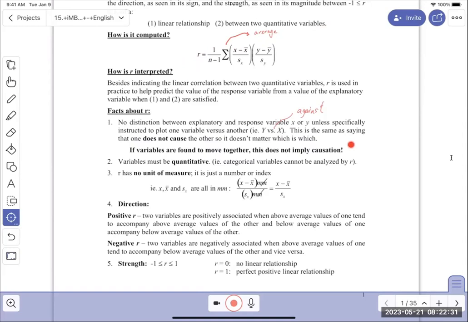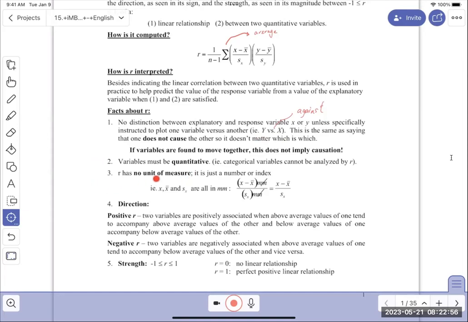The first point is X and Y are treated the same in general. Calculating R doesn't matter which one is X and which one is Y, but if your goal is to develop a prediction line, then it should be clear which one is X and which one is Y. There's a reason for it. Variables must be quantitative.